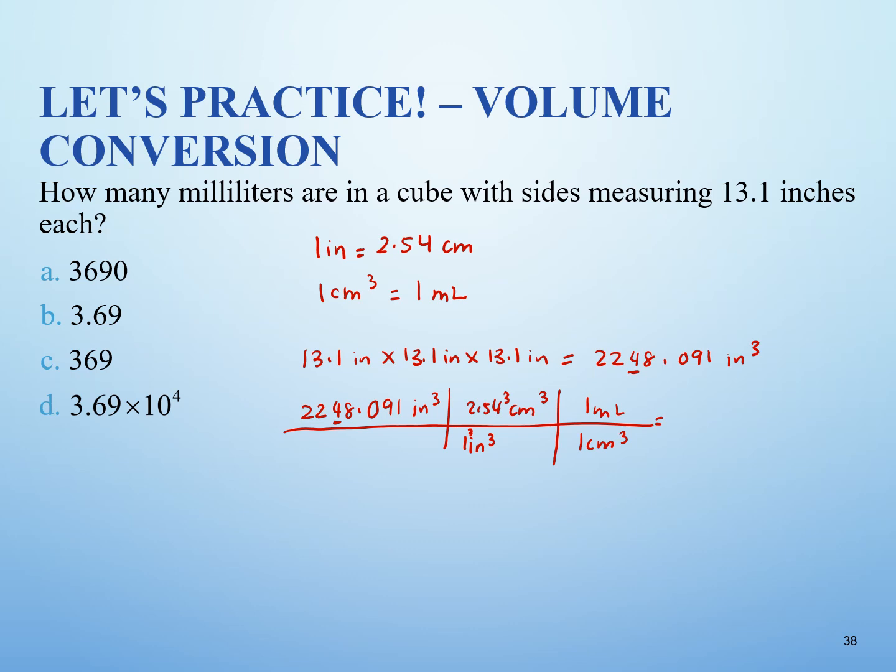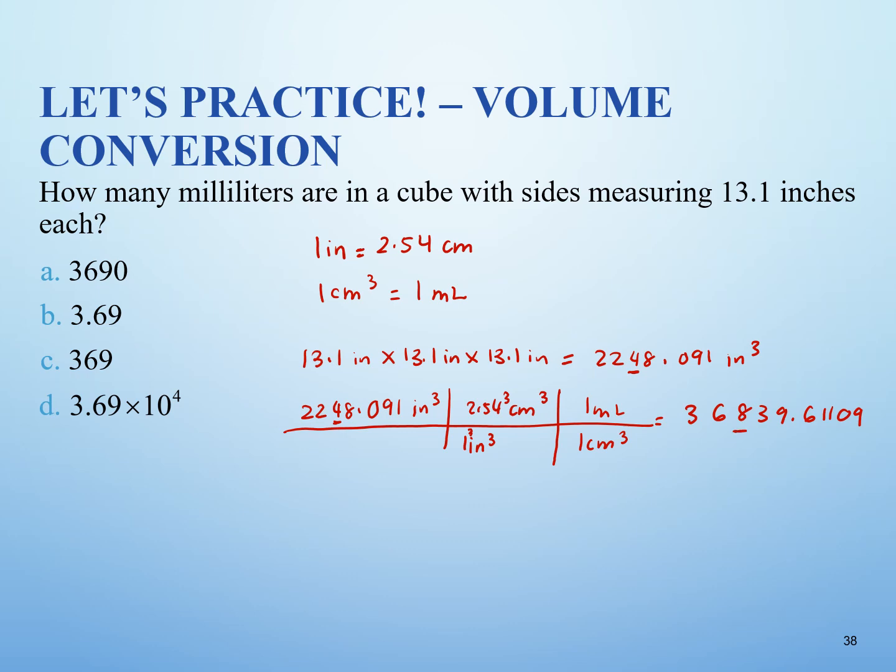But remember, it's a long number, and I'm only going to keep 3 sig figs. 36839.61109. It's such a long number, and I'm going to keep just 3 sig figs here.